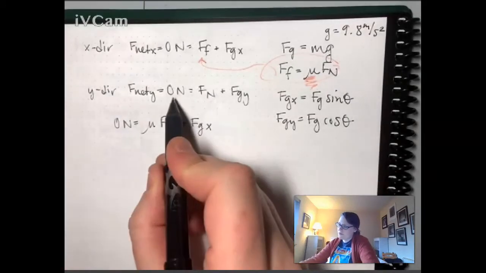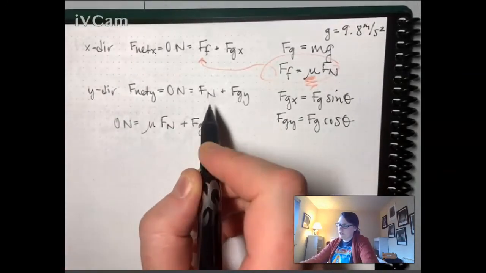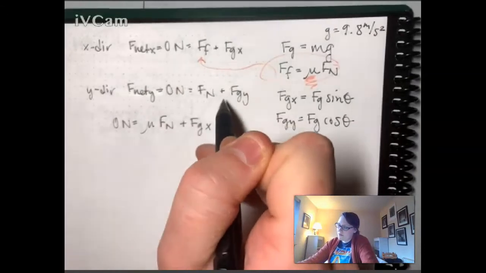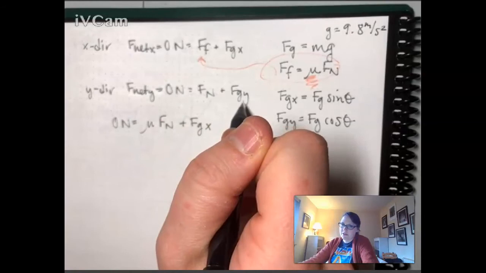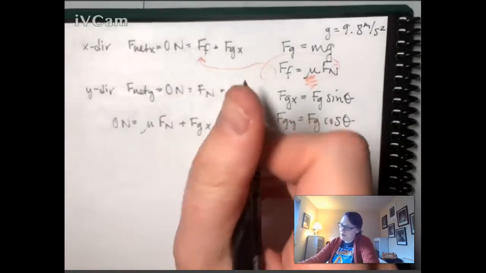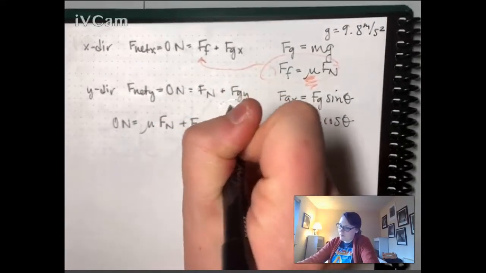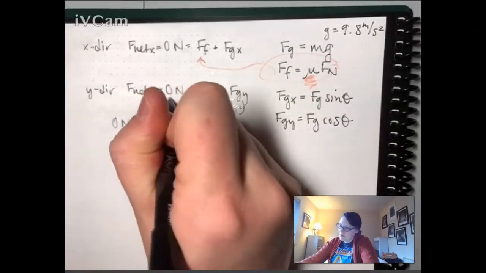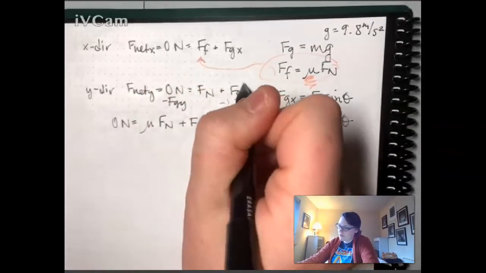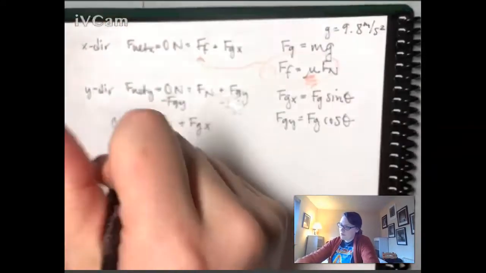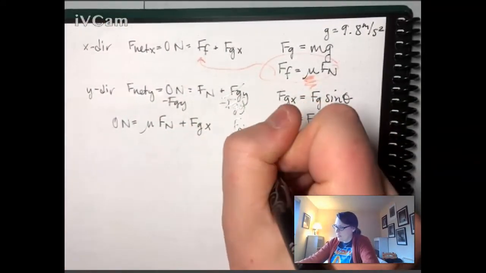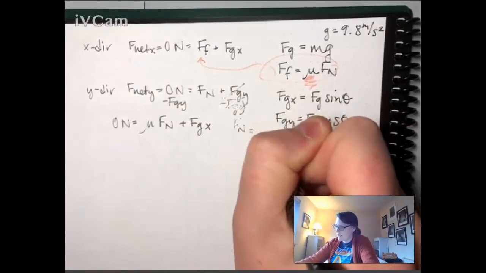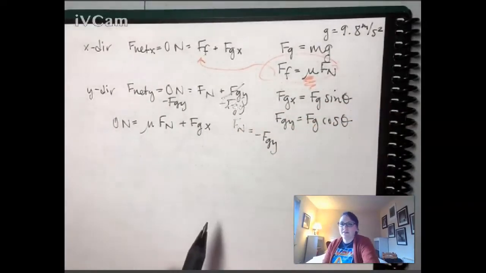I'm going to also solve this equation right here. Because I know normal force plus force of gravity in the y direction adds up to 0, I'm going to go ahead and solve for normal force. Subtract force of gravity in the y direction from each side. So I know that, and I wrote this in a weird order, I'm sorry you guys, that normal force equals negative force of gravity in the y direction.